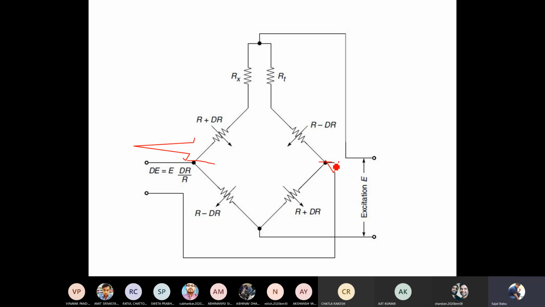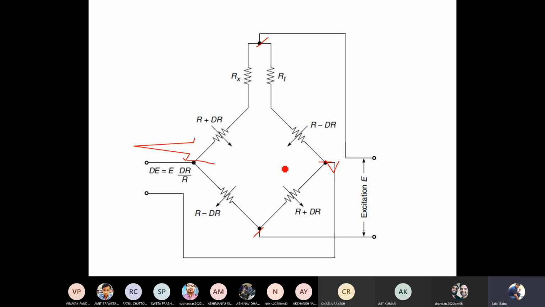So the voltage here will be the same and there will be no deflection here. Normally in a Wheatstone bridge the excitation will be given between this junction and this junction. Initially, when no pressure is applied on the strain gauge, all the resistors will be equal, and because of this the bridge will be in balanced condition, so there will be no voltage.